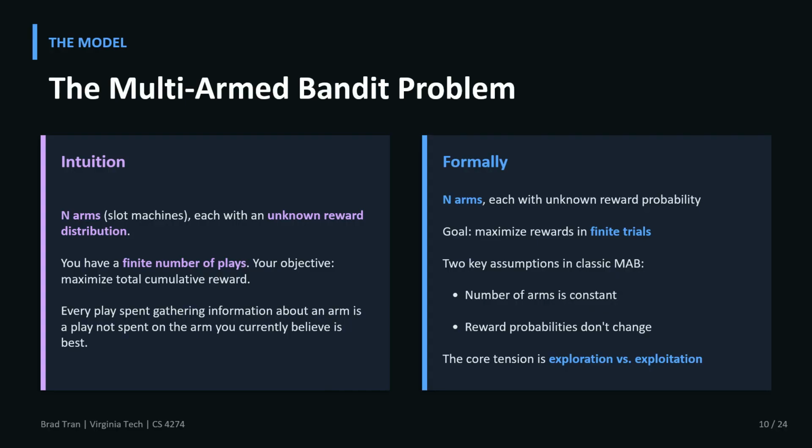A reward is discovering a new path. But, and this is the key insight, fuzzing violates both assumptions of the classic MAB. The number of seeds increases every time you find a new path, and the reward probabilities decrease over time as more paths get discovered. That's why the authors need a variant of the model.